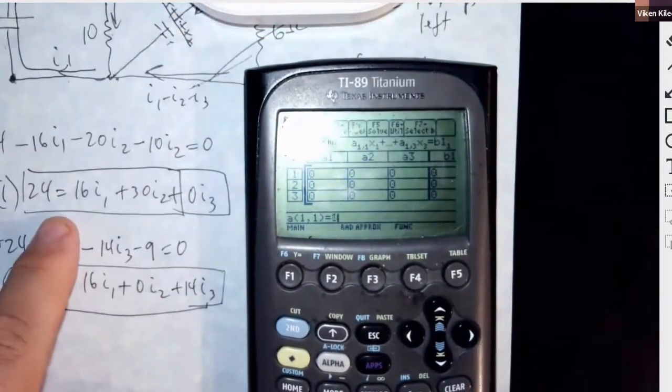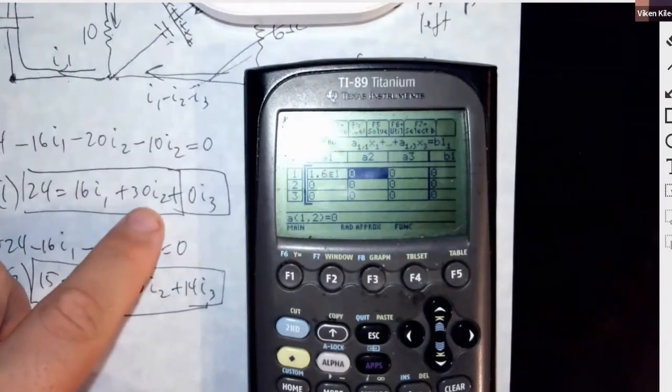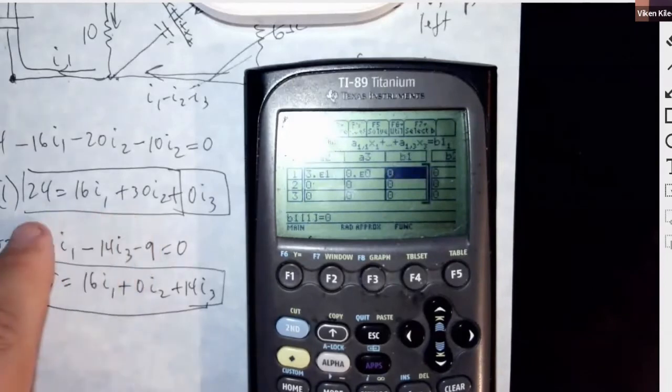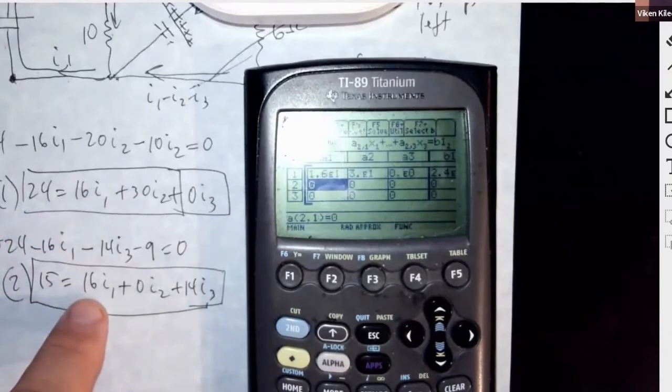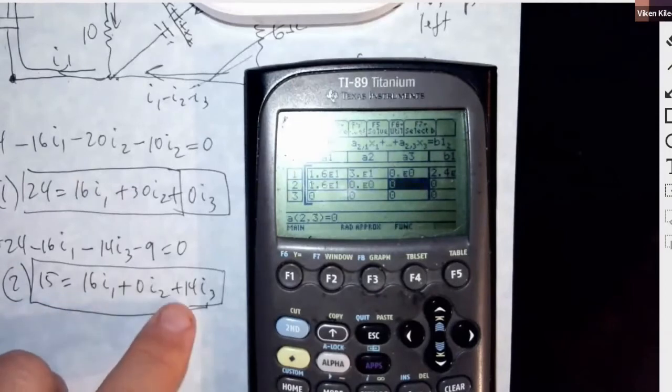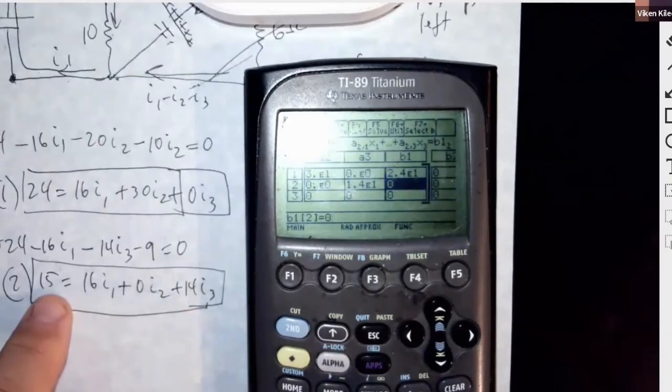So then you just have here, 16, 30, 0, and then it's equal to 24. Enter. And then the next one is 16, 0, 14, and then it's equal to 15.